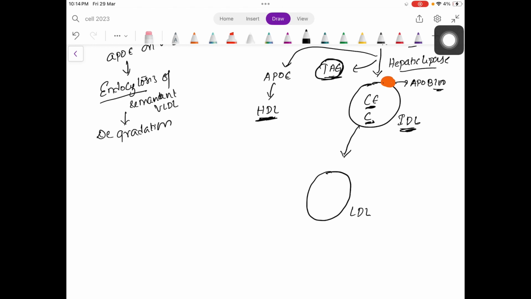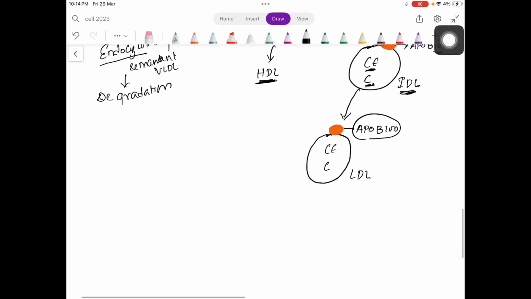This is called LDL. So they'll have cholesterol esters and cholesterol, with only ApoB100. This is how the final product of VLDL is formed, which is LDL.